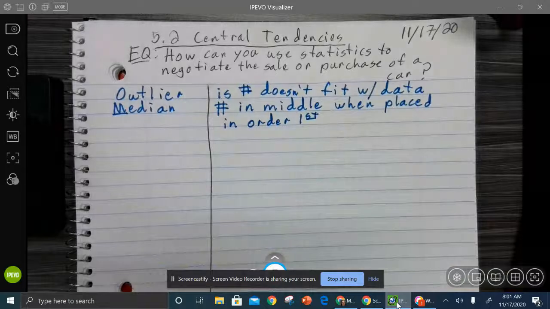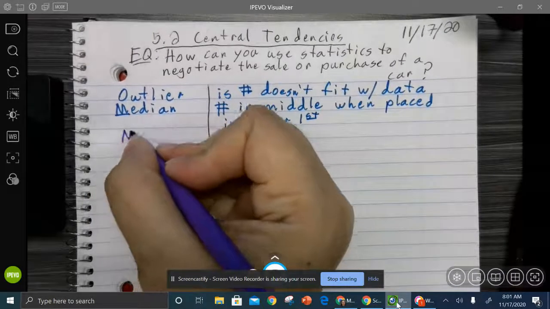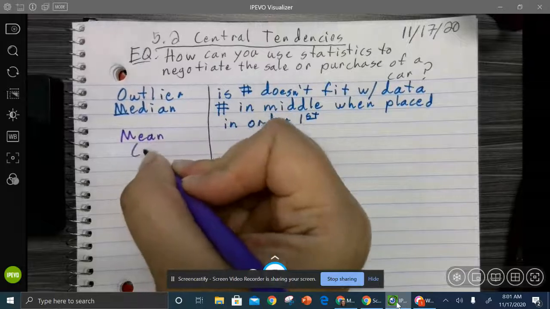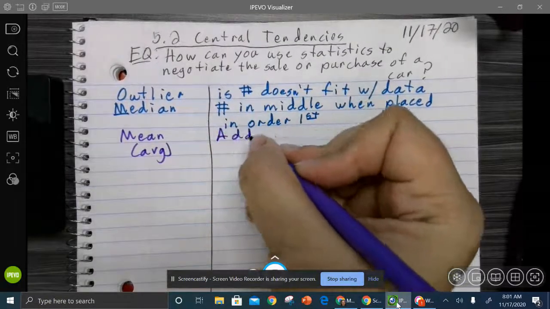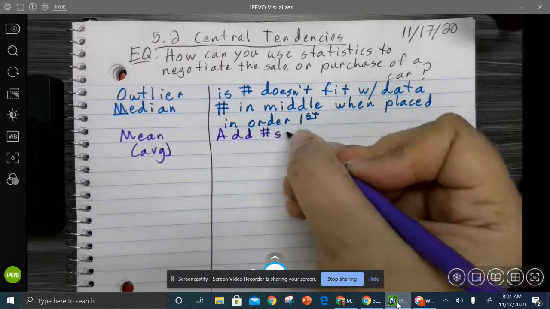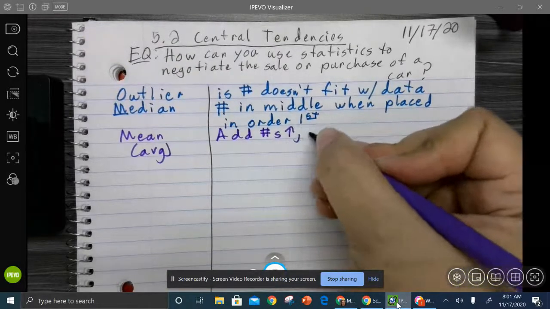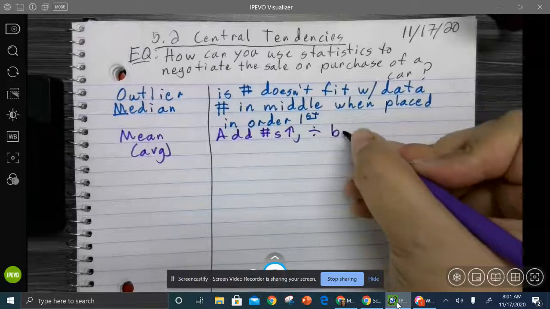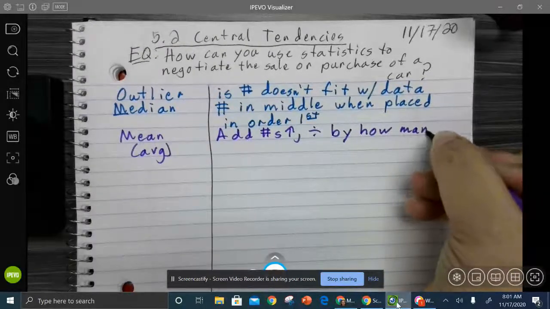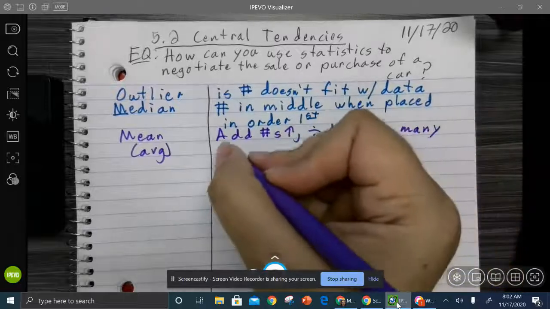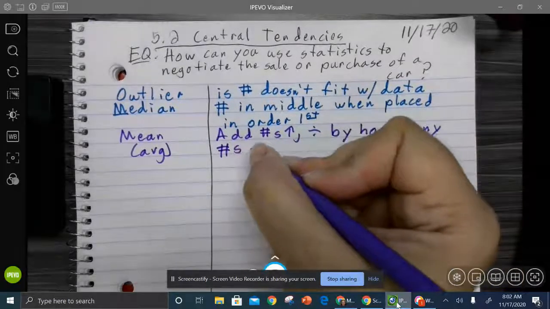Then we also have the mean, which is the average. So you add the numbers up and divide by how many numbers there are, how many data points there are.